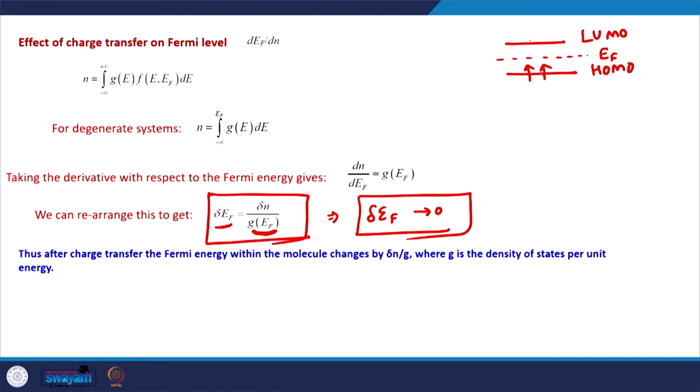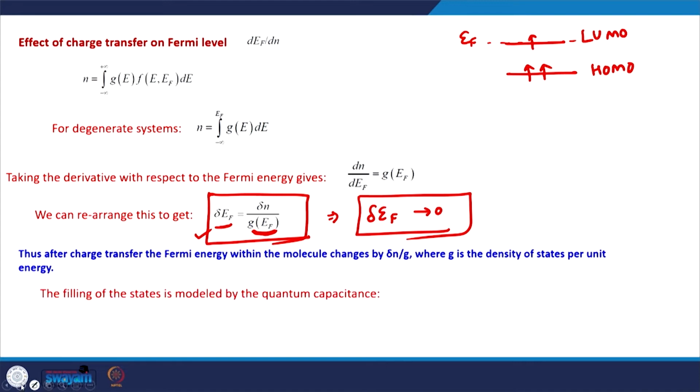In this case, even if we put one electron in LUMO, the Fermi level is now changed from the mid value to the LUMO value. So the change in Fermi level is quite apparent in a quantum dot system as the number of electrons is changed. That's why we need to consider this effect, which is modeled by the quantum capacitance of the system.